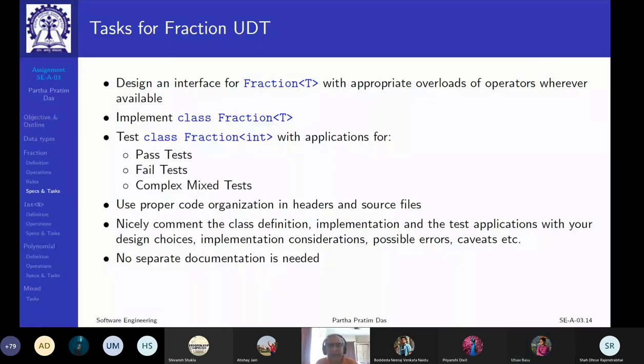No. Char is an integral type. It is 0 to 255. Okay, so we will consider that. You are thinking of char as the numeral representation in char type. 0 to 9 are the representation of your numeric symbols as a character.